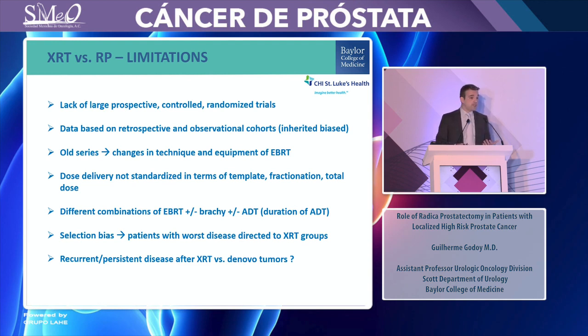There's selection bias as well, so we know that very likely patients who were assigned for radiation and hormones probably have worse disease to begin with. So to be fair, we need to take into consideration all these limitations before we say one modality is better than the other. And additionally, these recurrences after radiation could be just de novo tumors coming back in a prostate that is retained versus a recurrent or persistent disease.